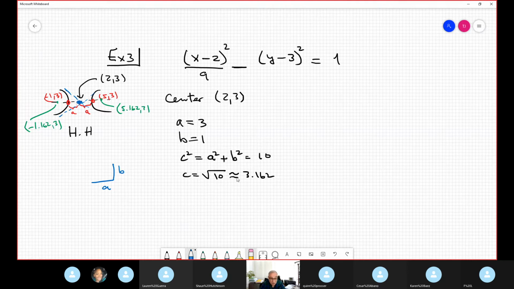So the equations for the asymptotes are y minus k, and k is 3, equal to plus or minus always b over a, which is 1/3, times (x minus h), and h is 2.